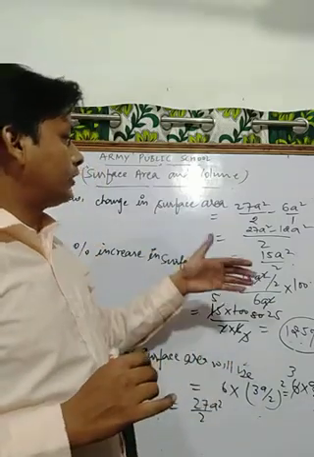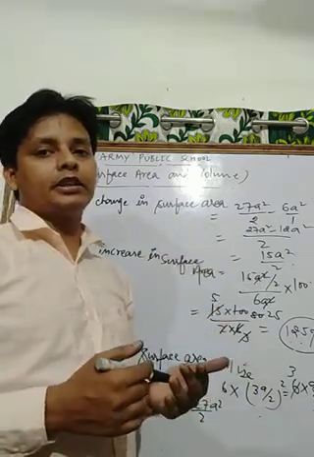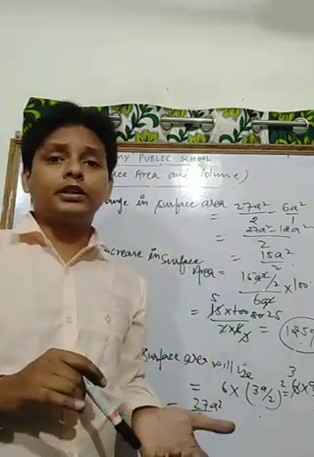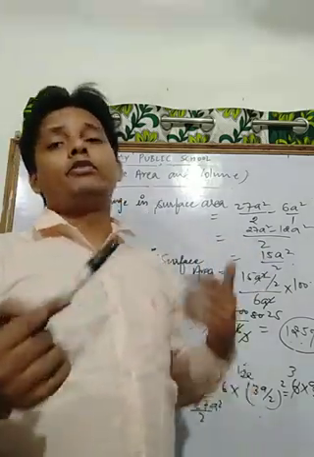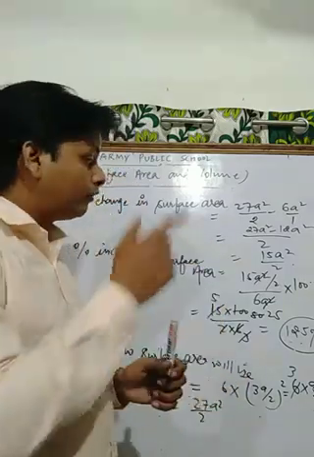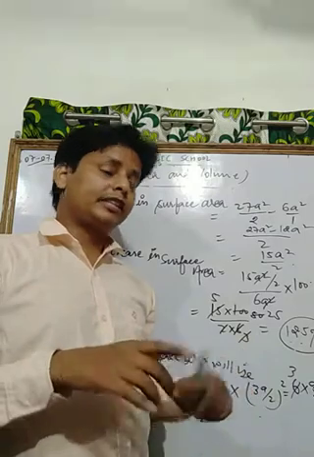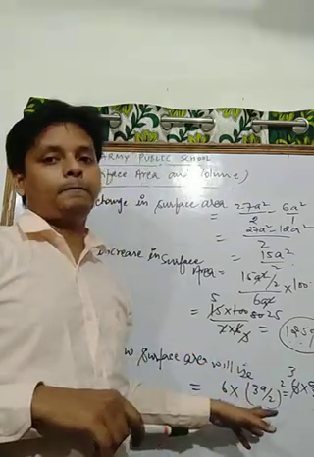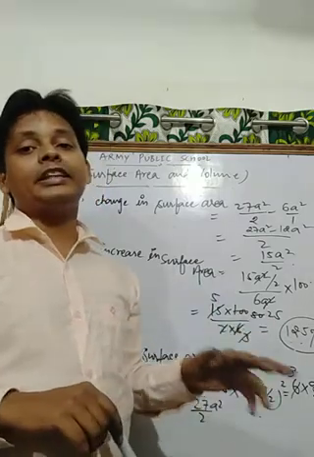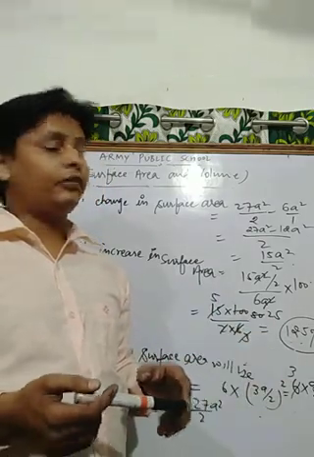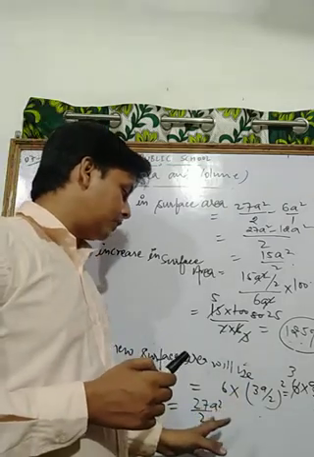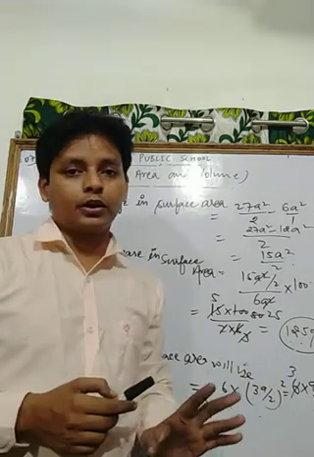So in this way, first of all we find the initial surface area of the cube, then its edge increases by 50%, and we find its final edge. Then I get the final surface area, 6 into side square, where the new edge is 3 upon 2, giving 27 upon 2 into side square.